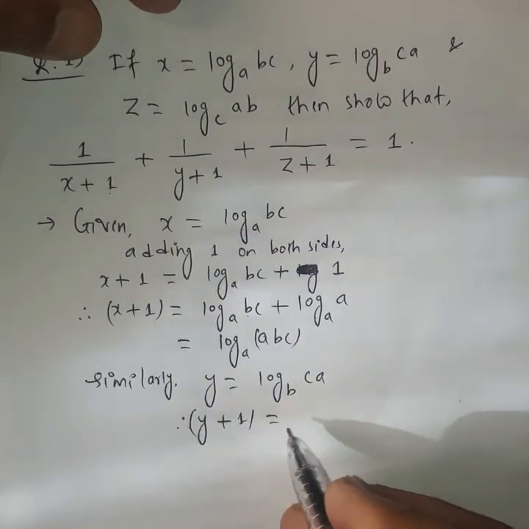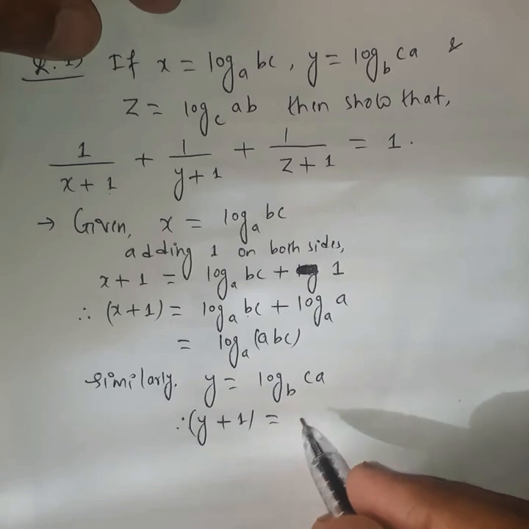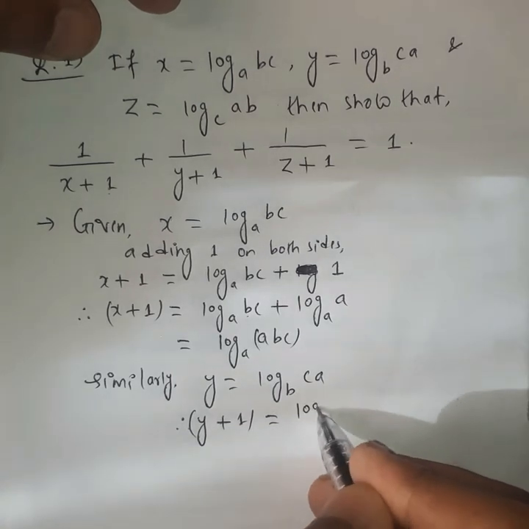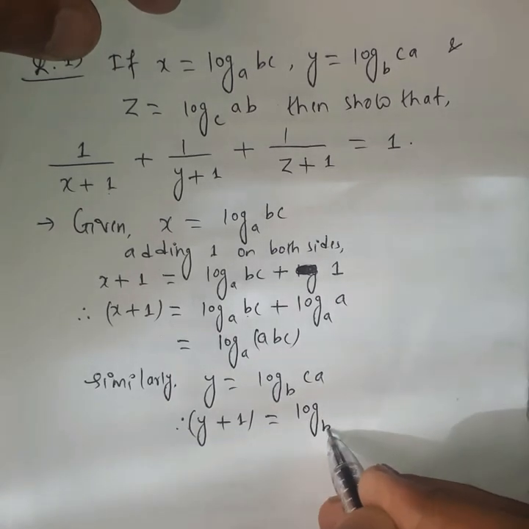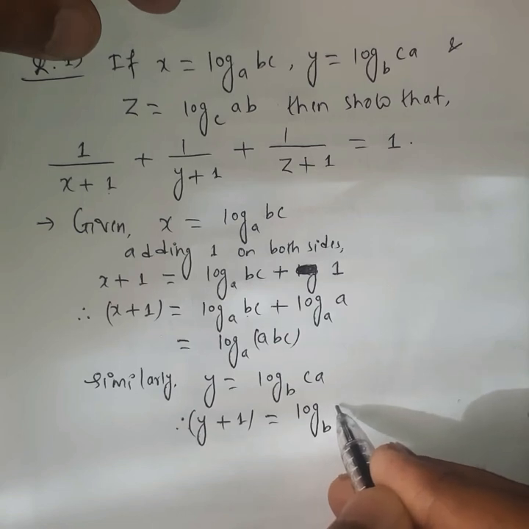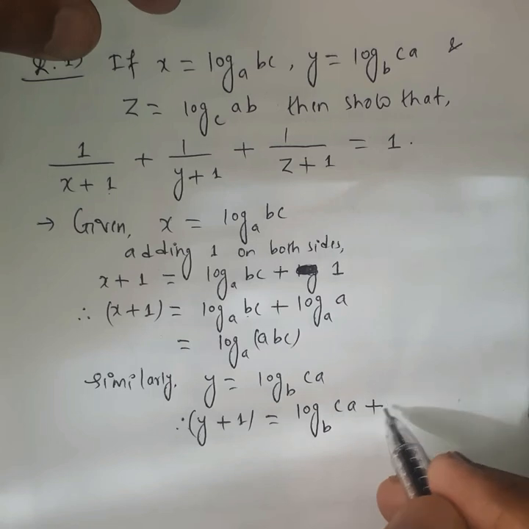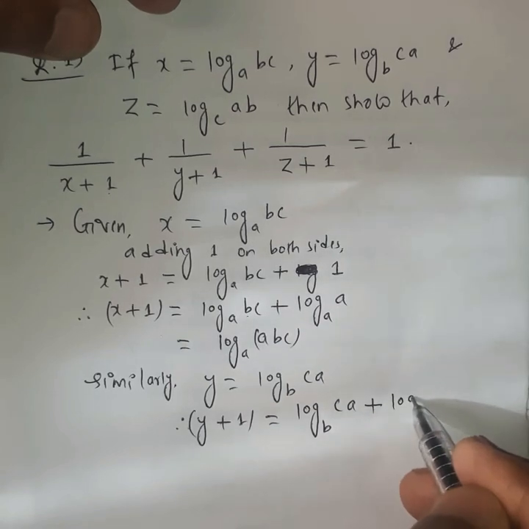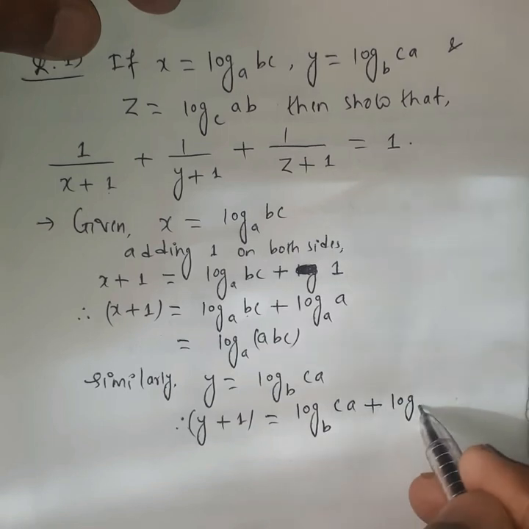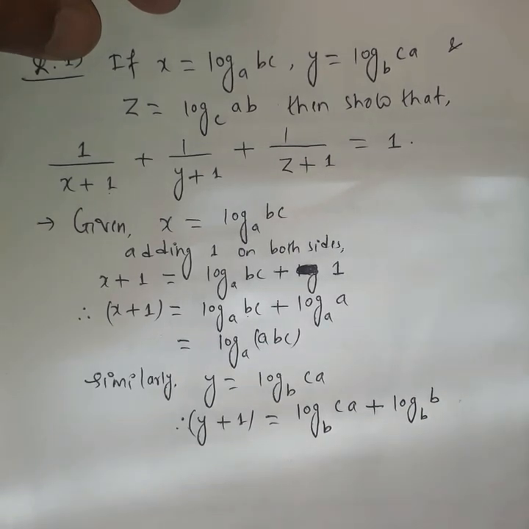Y plus 1 is just logarithm with base b of the number ca plus 1. Here we just add 1 on both sides, and the 1 can be written with base b.